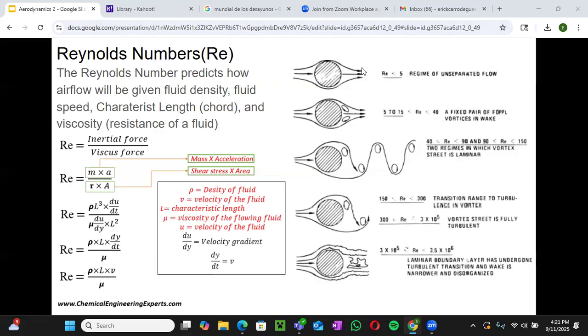We can simulate a large plane in a small area, in a small wind tunnel. Most wind tunnels, like the one here at FIU, are a foot by a foot for the testing span. But let's say we want to test a 777 Dreamliner, which has Reynolds numbers in the millions.